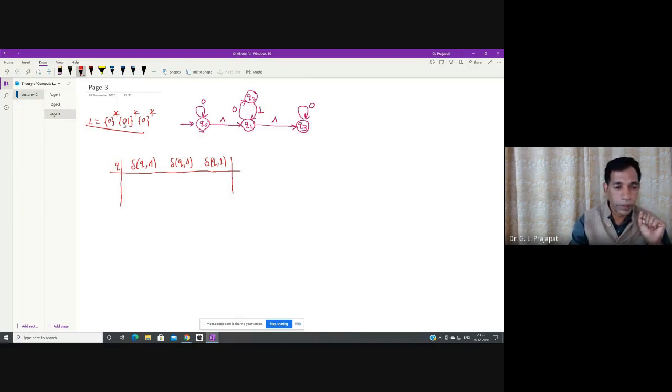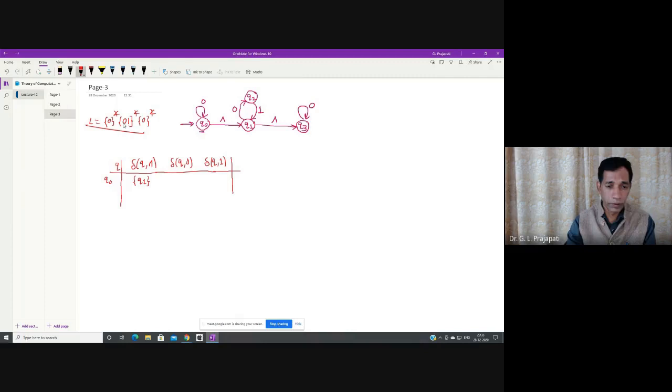So Q can be Q0. If you are at the state Q0 and you have the null transition, the machine goes to the state Q1.